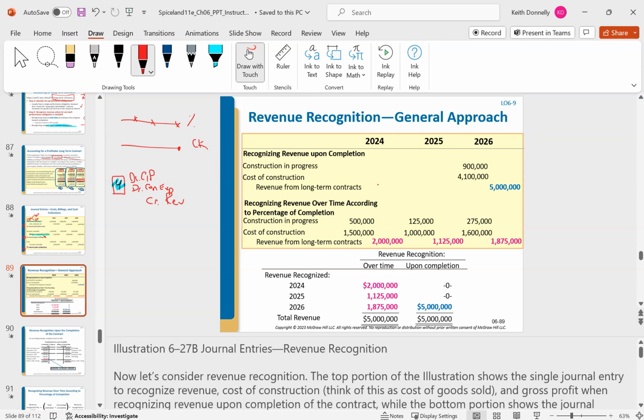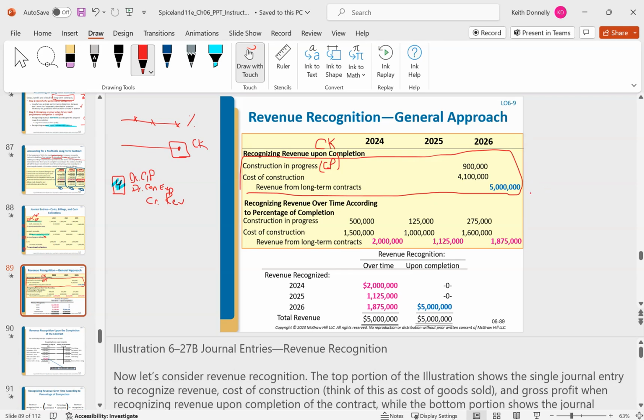Now, if we look at this at a high level, this is completed contract up here. Here we are at the end, and we do our journal entry: debit construction in progress, and remember we said that represents a WIP account plus the gross profit. Debit cost of construction 4.1, credit revenue 5.